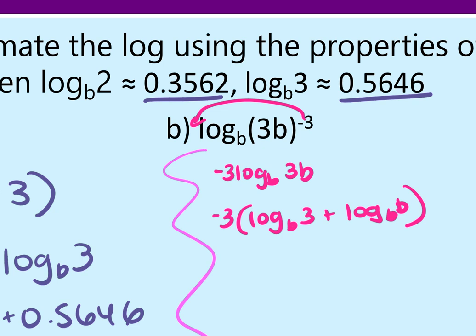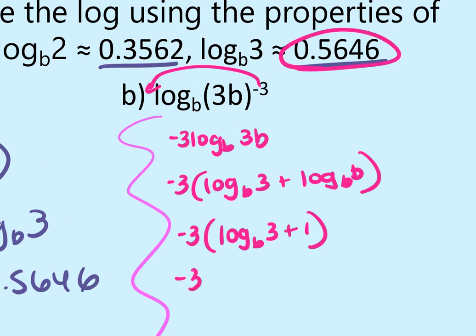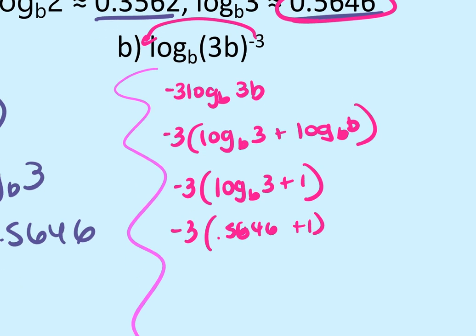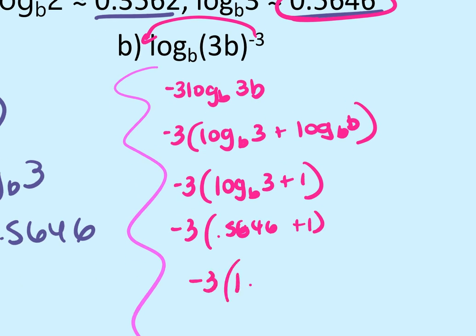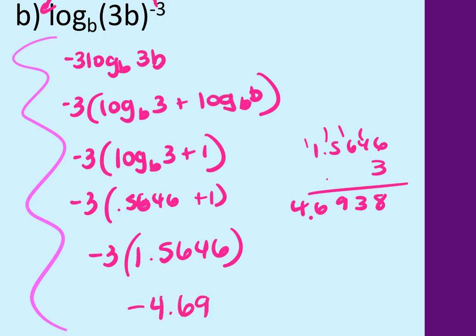Log base b of b is what? 1. Good. And then log base b of 3 is 0.5646 plus 1. And I get negative 3 times 1.5646. There are 4 digits behind, and it's negative, so negative 4.6938.